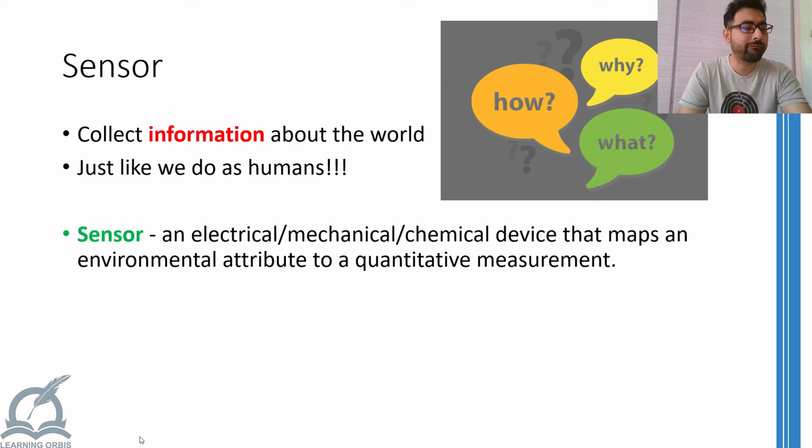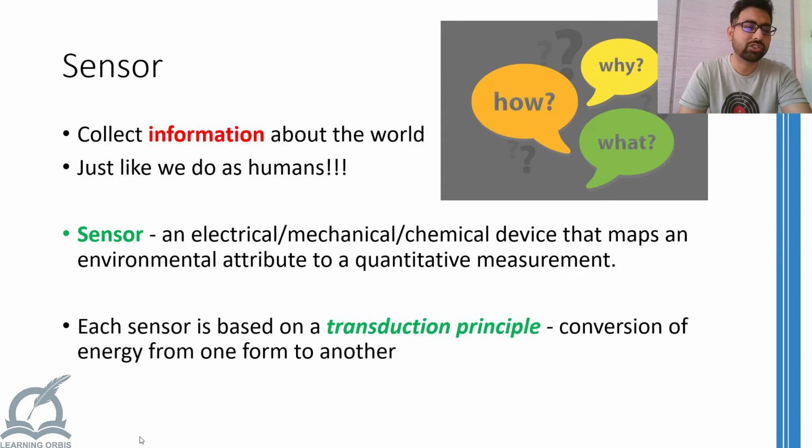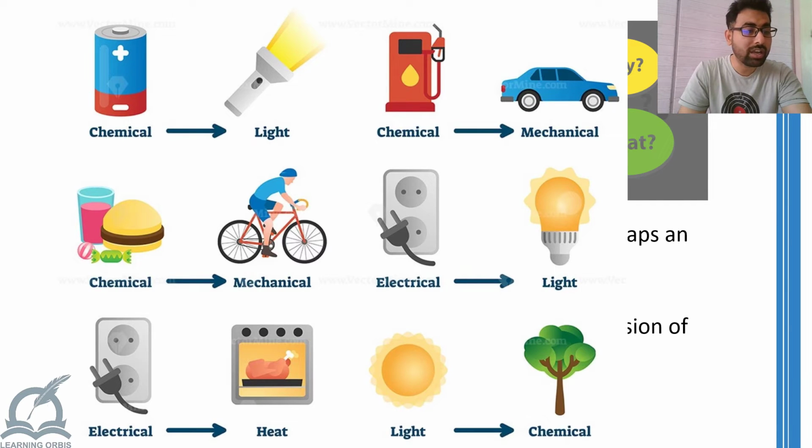This conversion of a physical quantity to a suitable form is called transduction. More formally, transduction means to convert energy from one form to another. For example, the heat energy of our body is converted to the kinetic energy of mercury molecules, which makes the mercury expand in a mercury-in-glass thermometer.